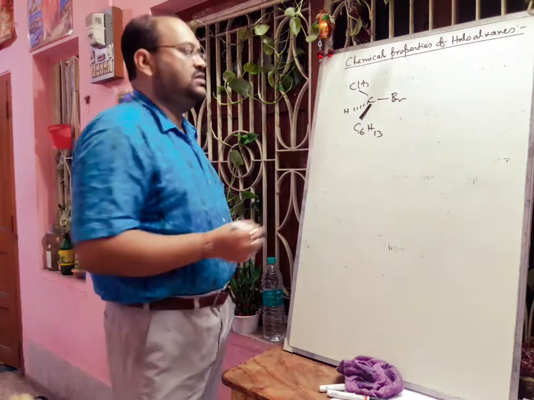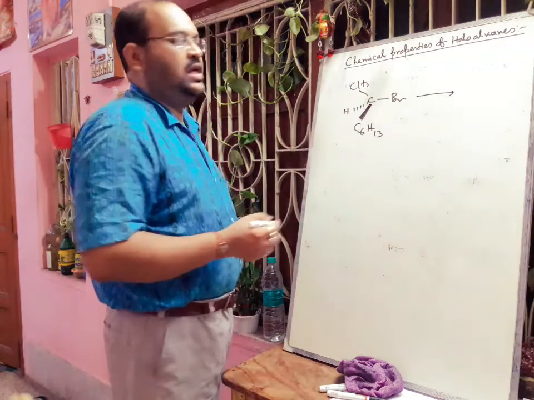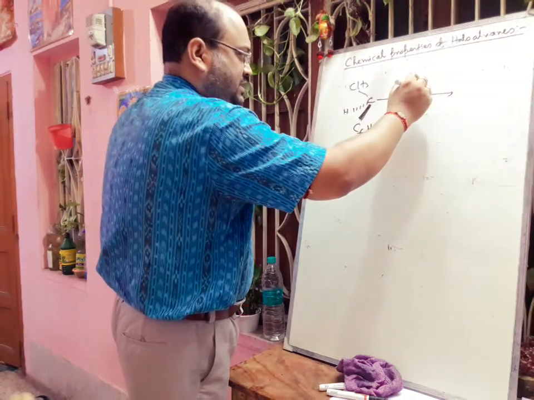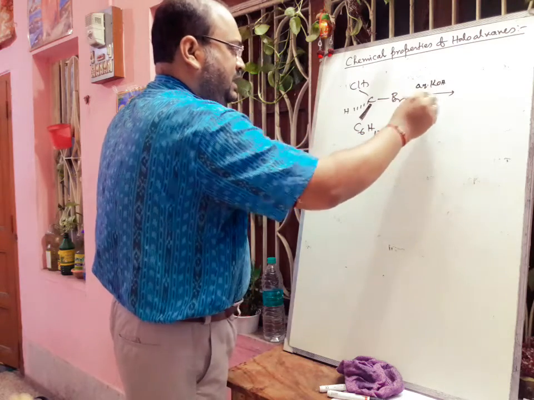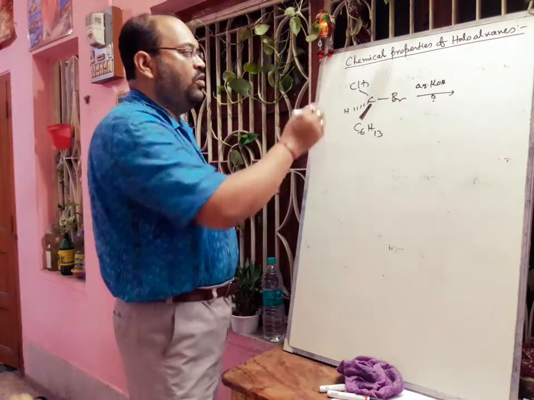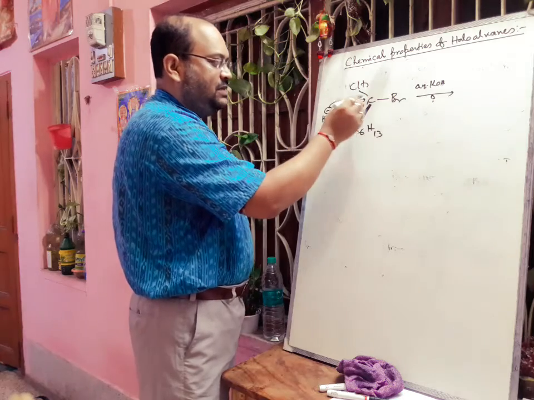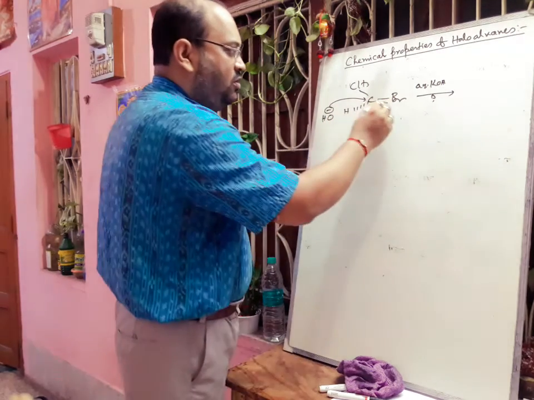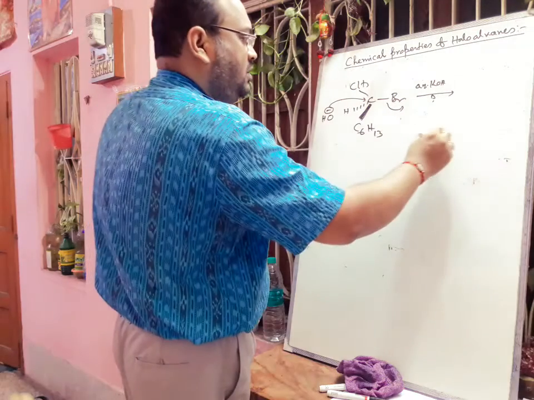Now in this molecule, if we add aqueous KOH and apply heat, then what will happen? OH minus will attack from the back side of the halogen, and this bond will break. Finally, we will get a compound that will be like this.